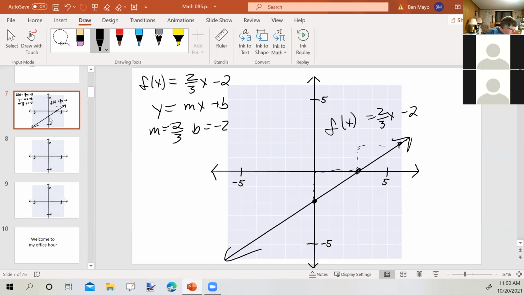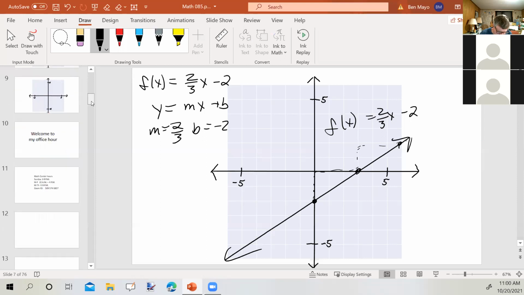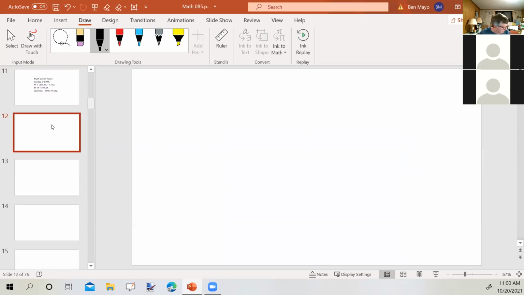Okay, then we had a bunch of things that were actually a review going back to chapter 3 if you took beginning algebra or math 85 or math 84, or again, some beginning algebra class somewhere else perhaps. And we had a bunch of rules. First of all, this y equals mx plus b slope-intercept form.